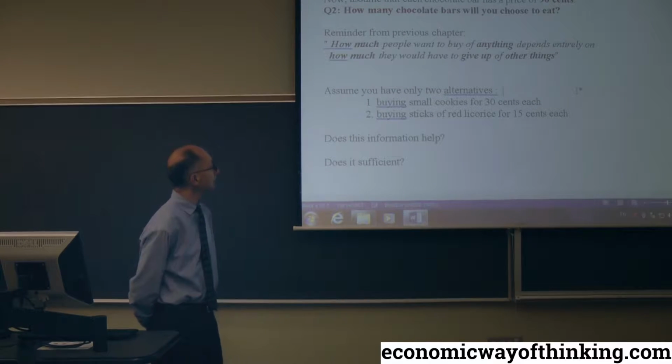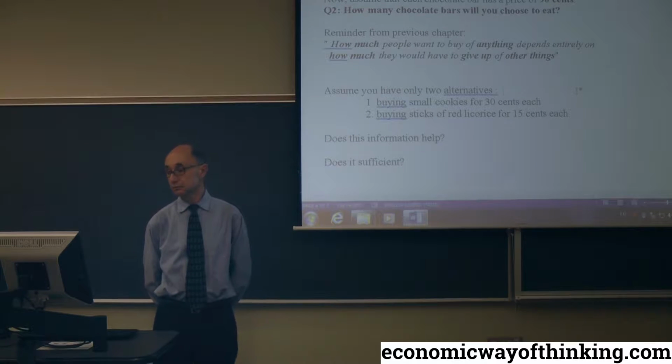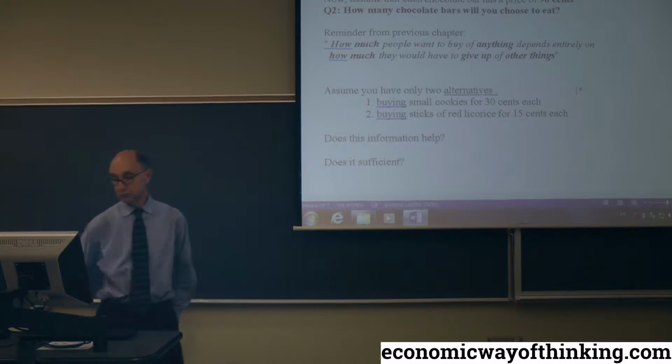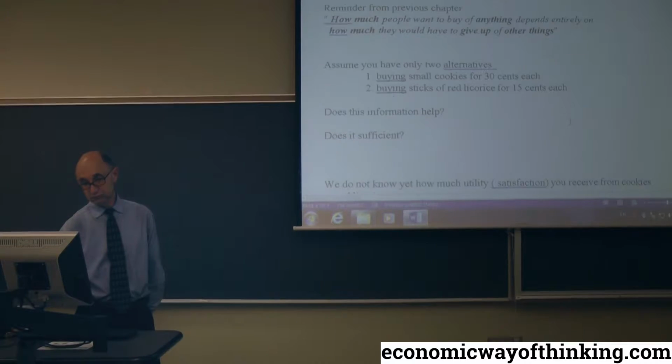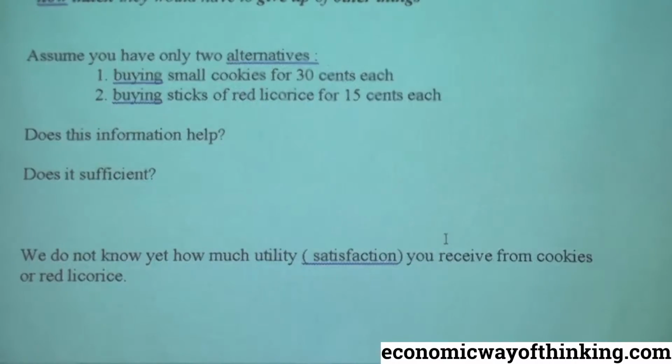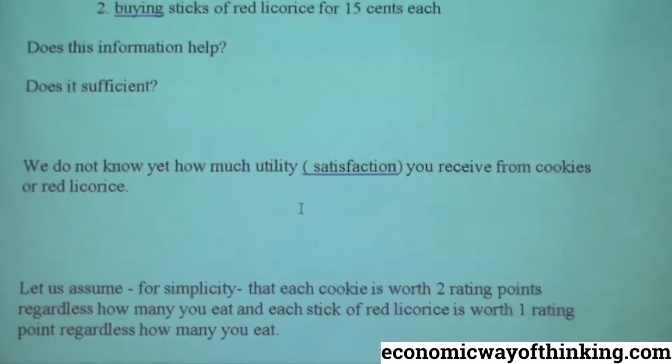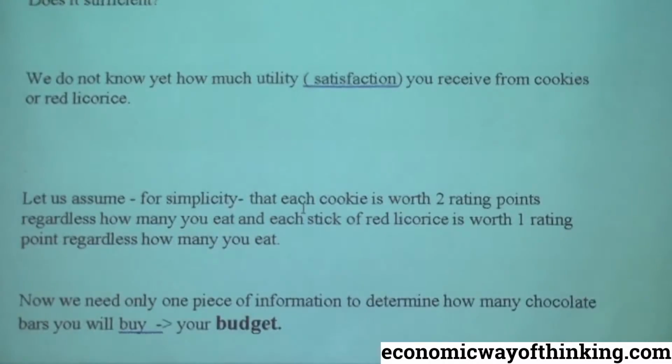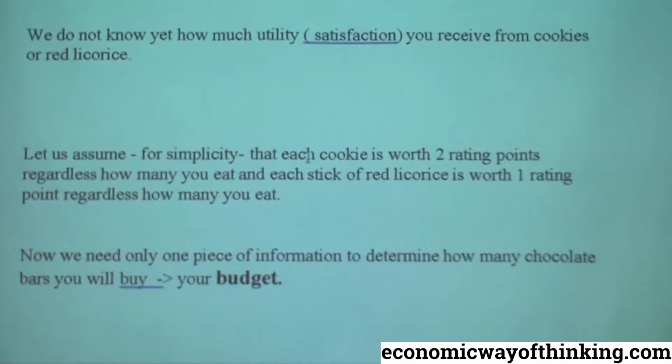Yeah, it helps a little, but is it sufficient? And we realize that what we don't know is how much utility or satisfaction you will receive from cookies or red licorice.